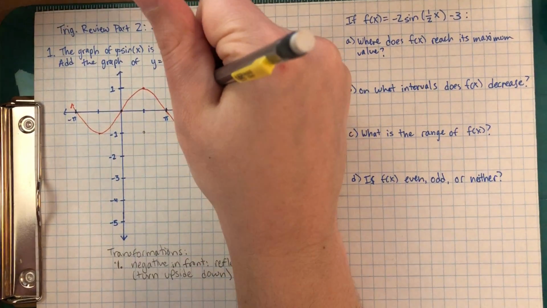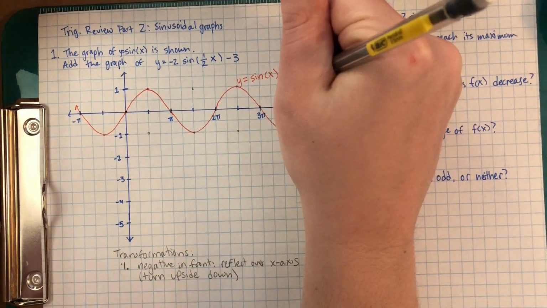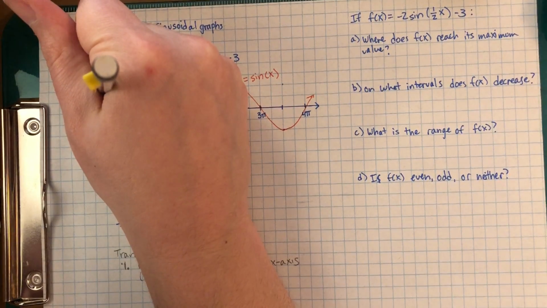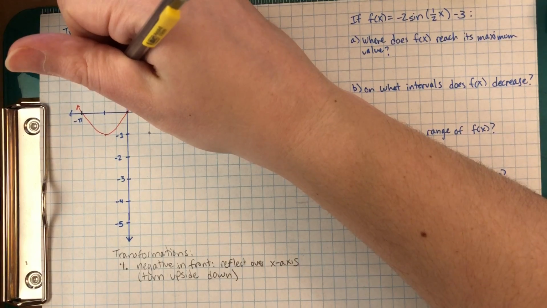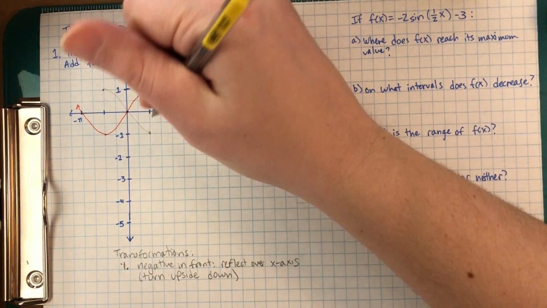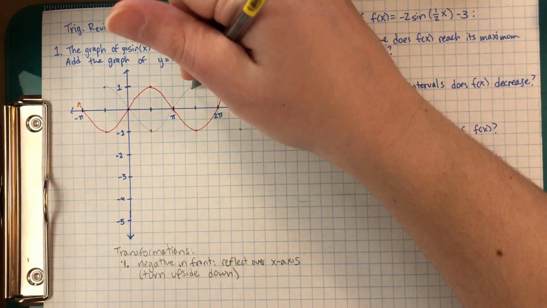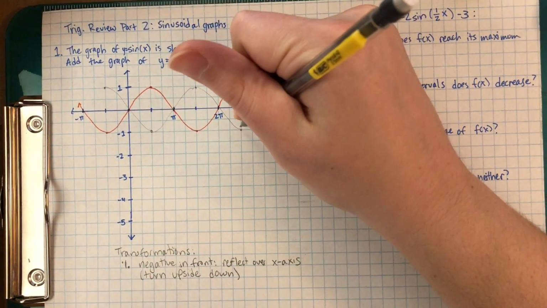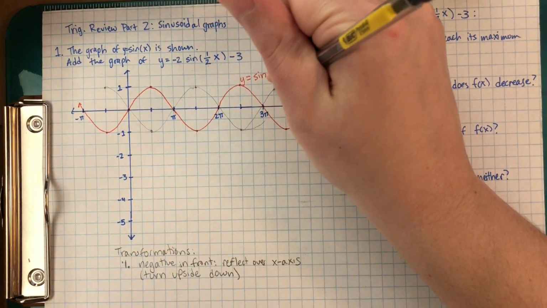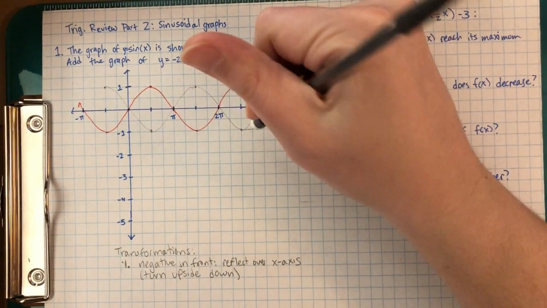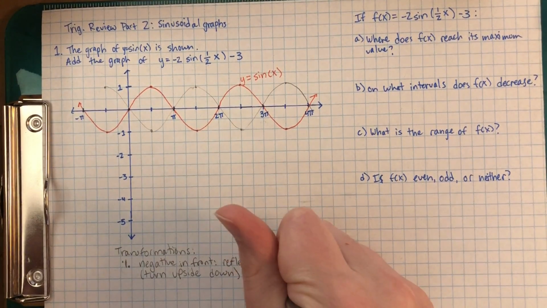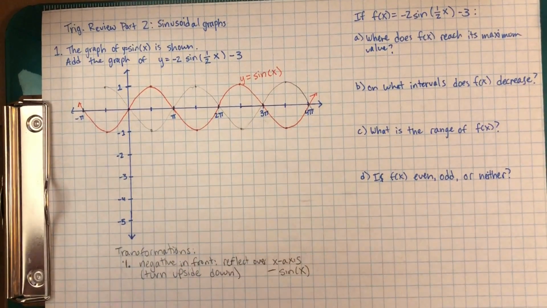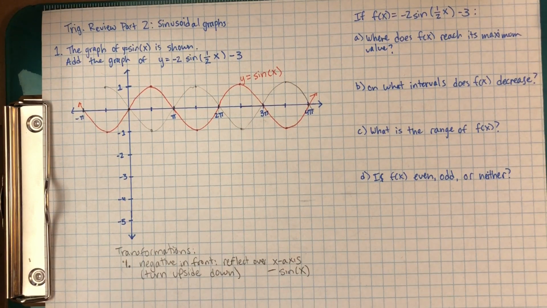So every point on this original sine graph, the negative sign in front is going to basically flip this whole thing upside down and create the same shape, just in the opposite direction. So this is negative sine of x.